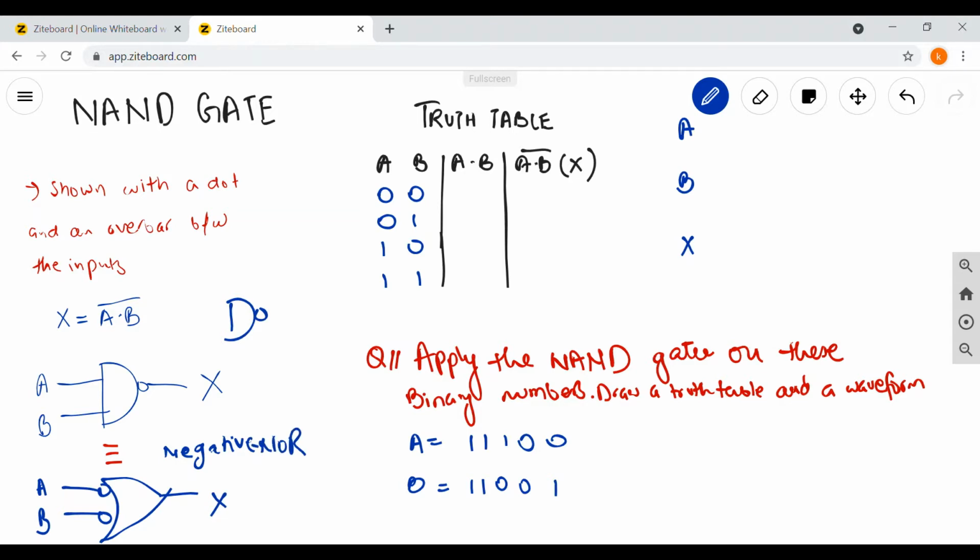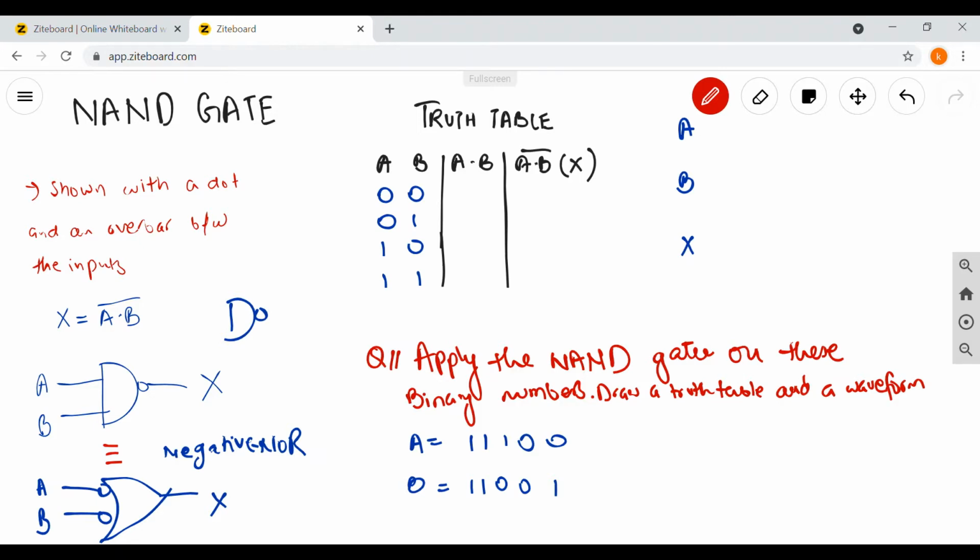Right. So the truth table we can show is like this. To make it easier for you guys, we can break down the outputs and then form the complete output of the NAND gate. So first we can just multiply, and then afterwards we'll invert the multiplied output.